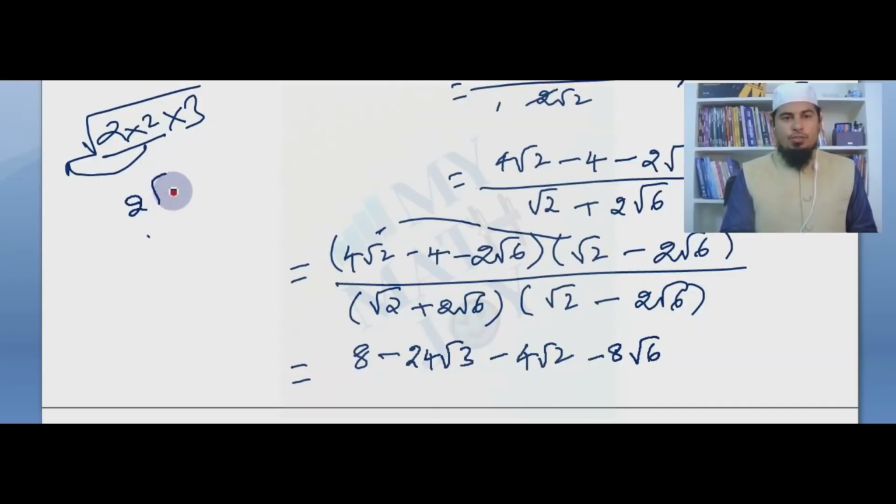Exactly it is becoming 2 root 12, and just now 12 is like this. It will become 2 times 2 times 3, 4 root 3 it is actually. So we will be using 4 root 3 right here now.